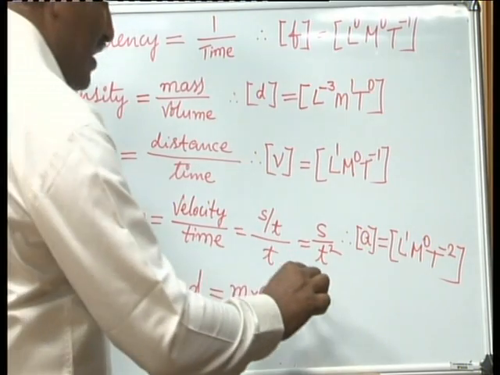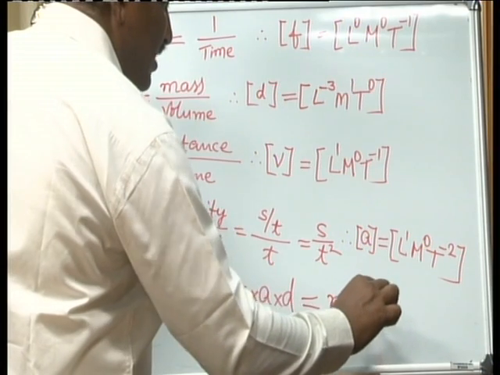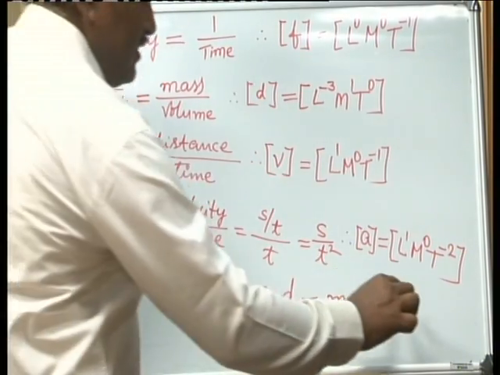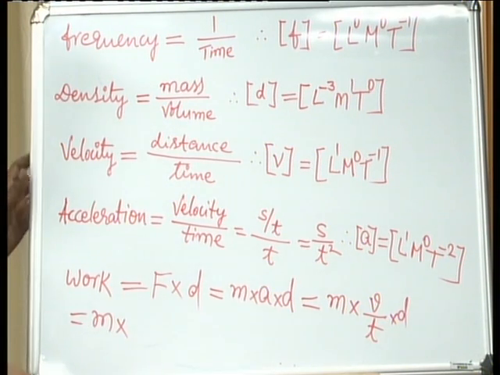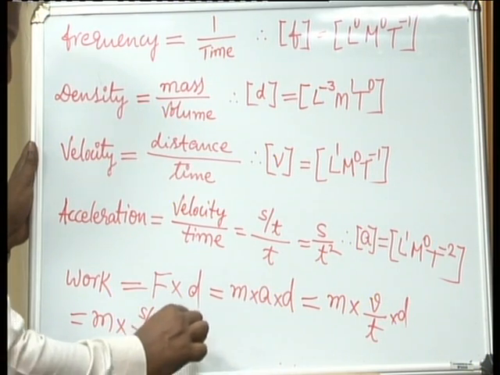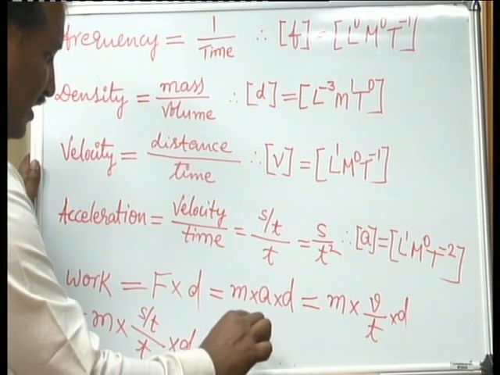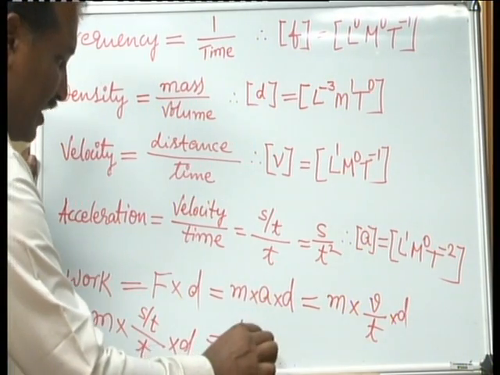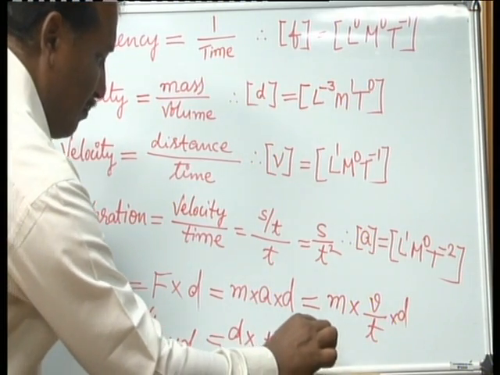Acceleration is not a fundamental quantity. You can write m into acceleration, which is the rate of change of velocity divided by time, into d. So this is m into v, which means s divided by t, into d. Again, t comes to the denominator, becoming t square. So it goes to the numerator, it becomes t power minus 2 into s into m.